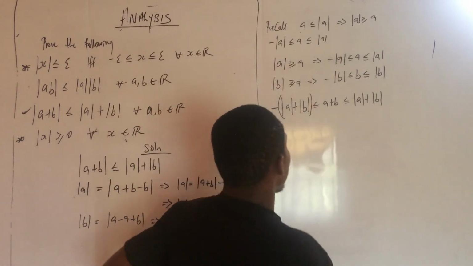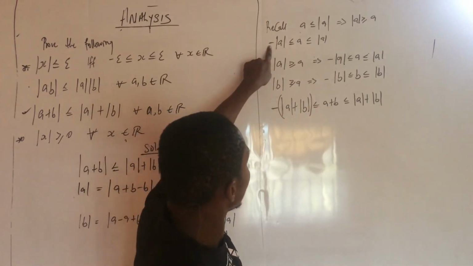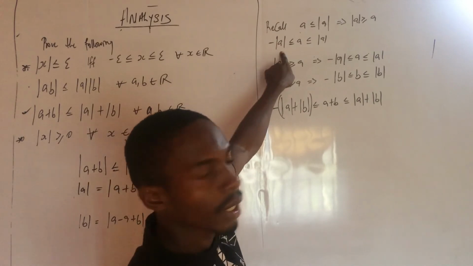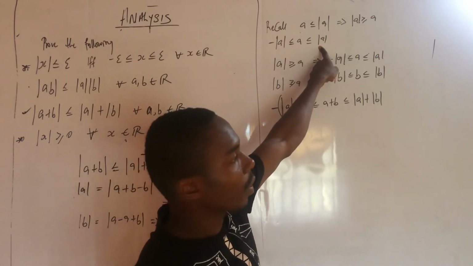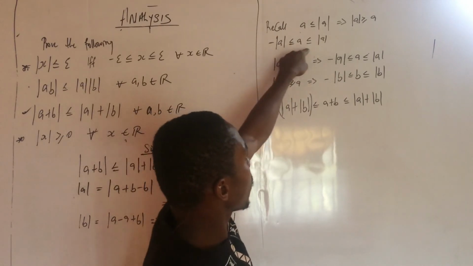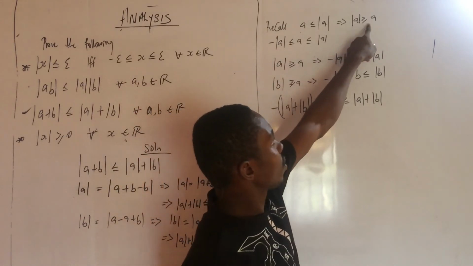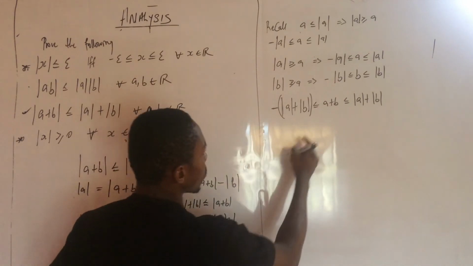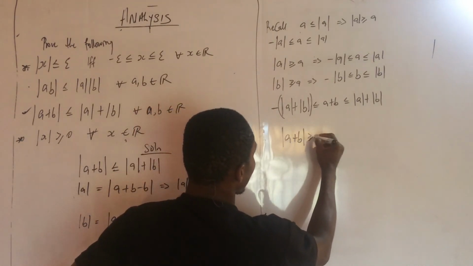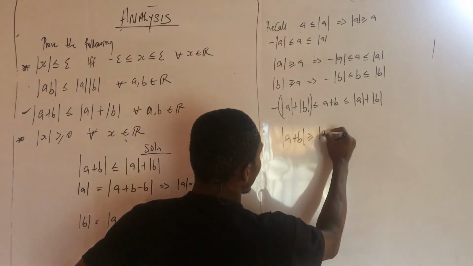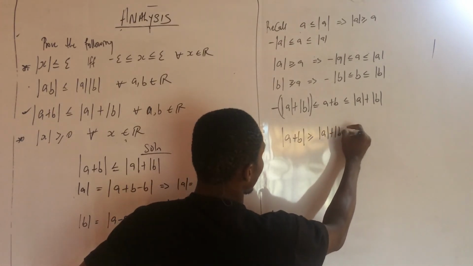Now from here, negative absolute value of a is less than or equal to a, less than or equal to positive absolute value of a. What does it imply? It implies that the absolute value of a plus b is greater than or equal to the absolute value of a plus the absolute value of b.